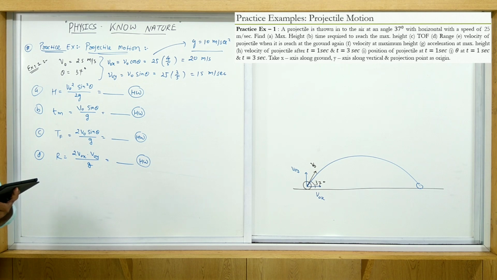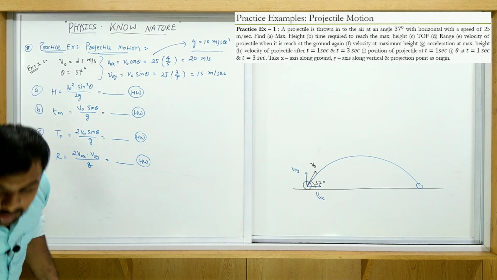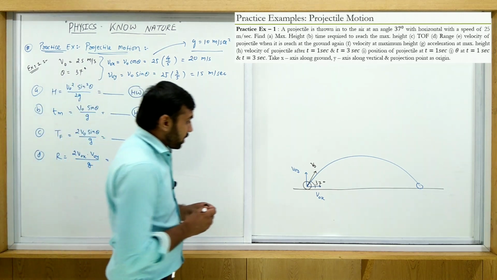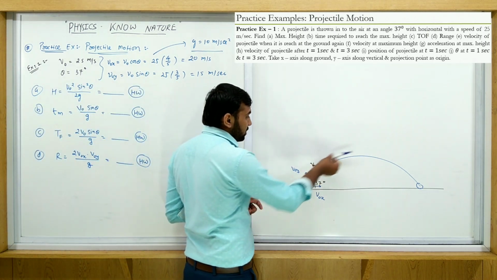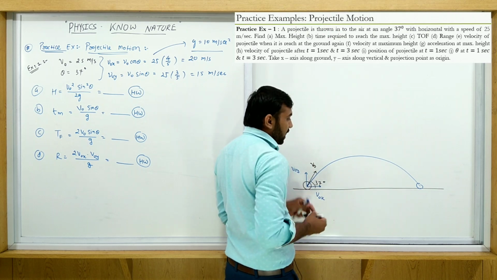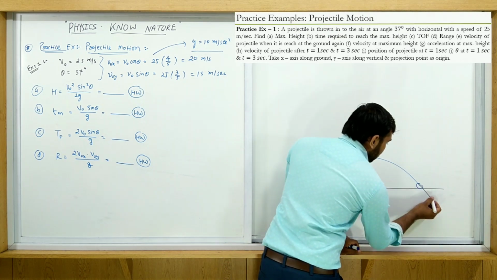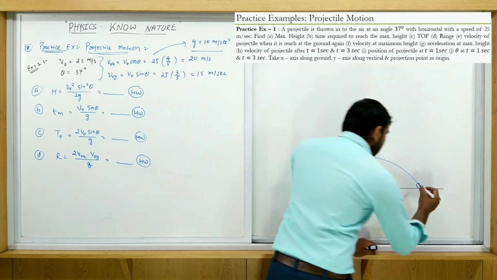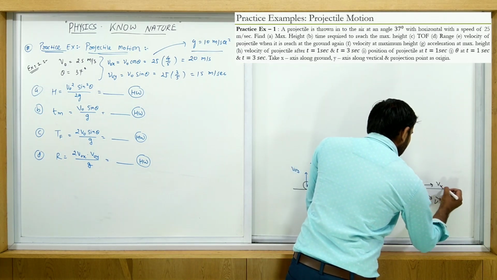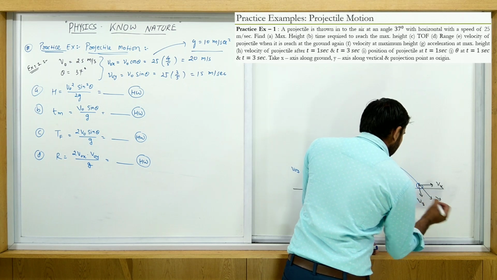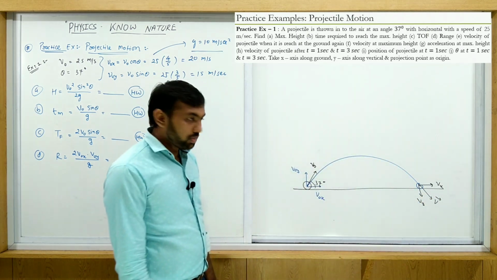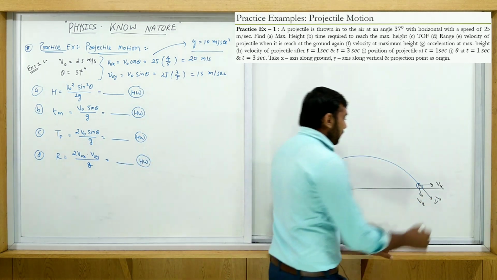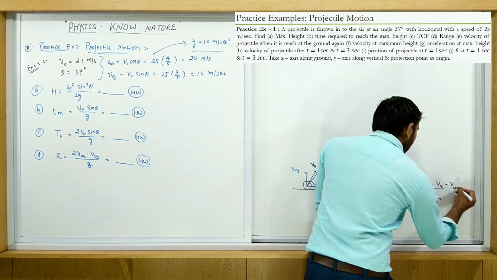Next problem, the velocity of the projectile when it reaches the ground again. This is quite a different one. Suppose this object is thrown in such a way that when it returns to the ground, its velocity along this direction has two components, vx and vy. As we discussed in a previous session, this vx is always constant. Its value is v0x.